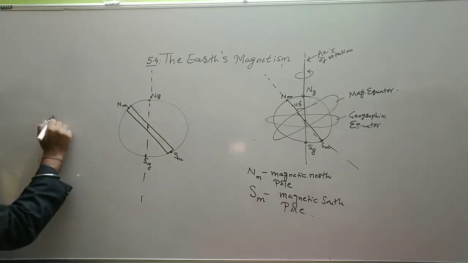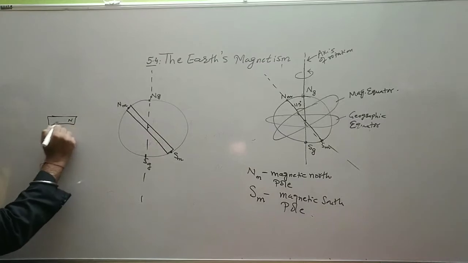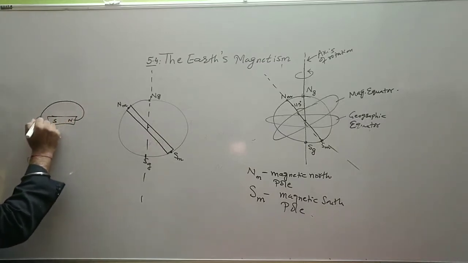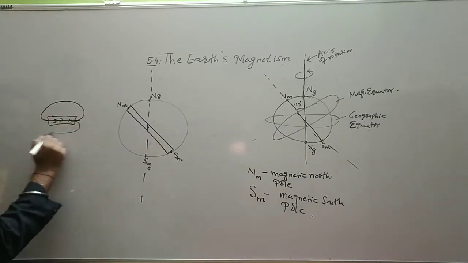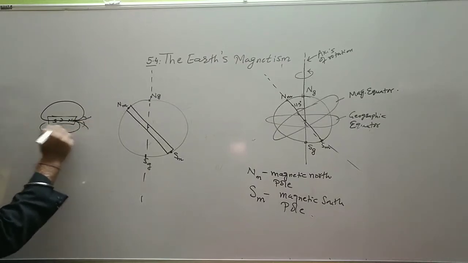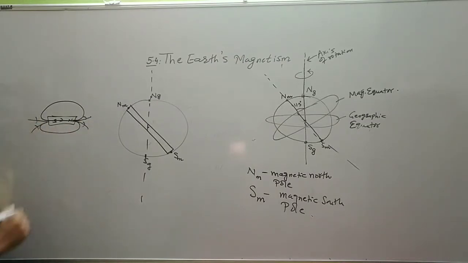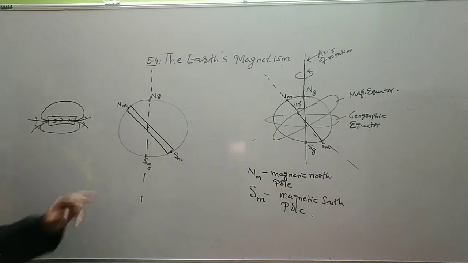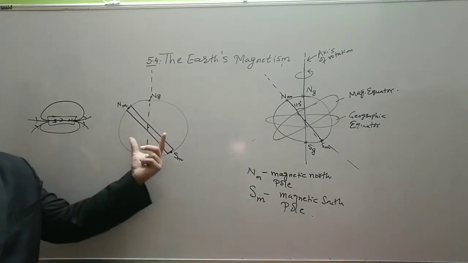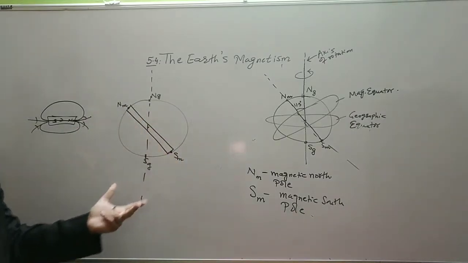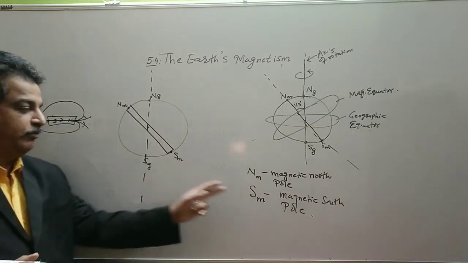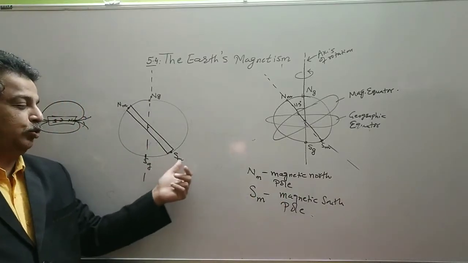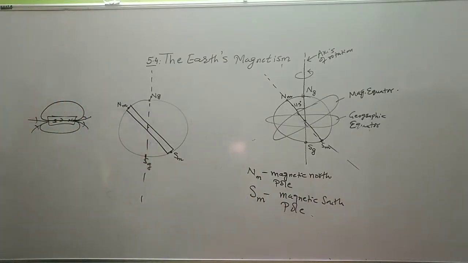So if we consider a bar magnet, we have the field lines from north to south outside, and inside it is south to north. We have studied this, but in the introduction we said that the magnetic field lines of the Earth are from geographic south to geographic north. Now we shift our point from geographic south to the magnetic south pole.